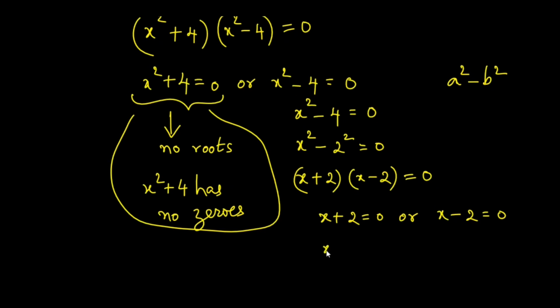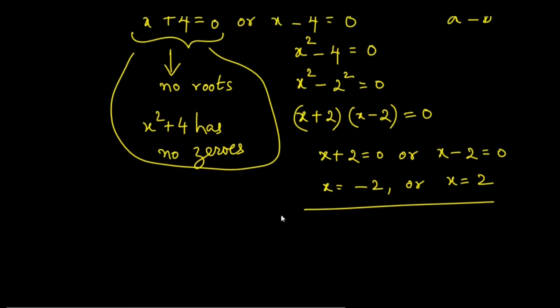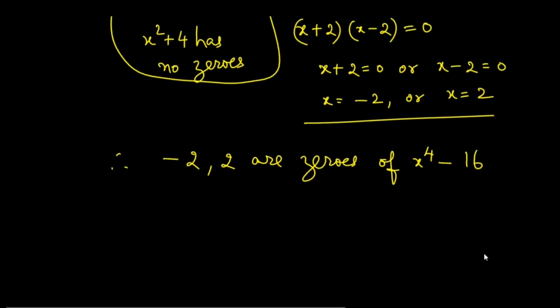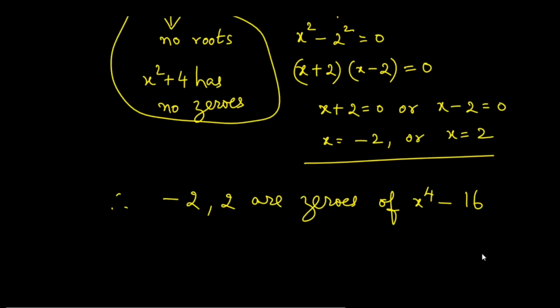So we get x equal to minus 2 or x equal to 2. Here we are getting two zeros. Therefore minus 2 and 2 are zeros of x power 4 minus 16. See you in the next video.